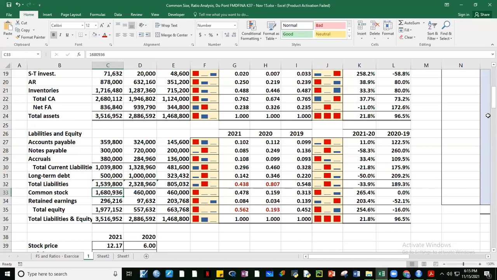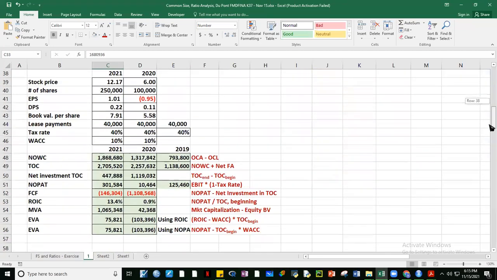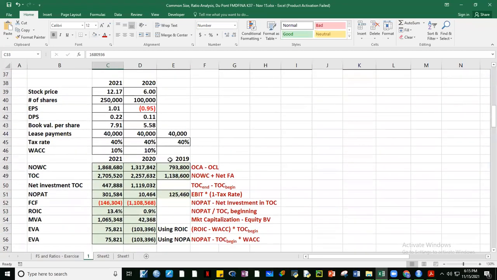Okay. All right. Then we also computed for the net operating working capital, the total operating capital. We can see that in 2020, there was a huge increase in operating capital. The company invested 1.12 million in operating capital.